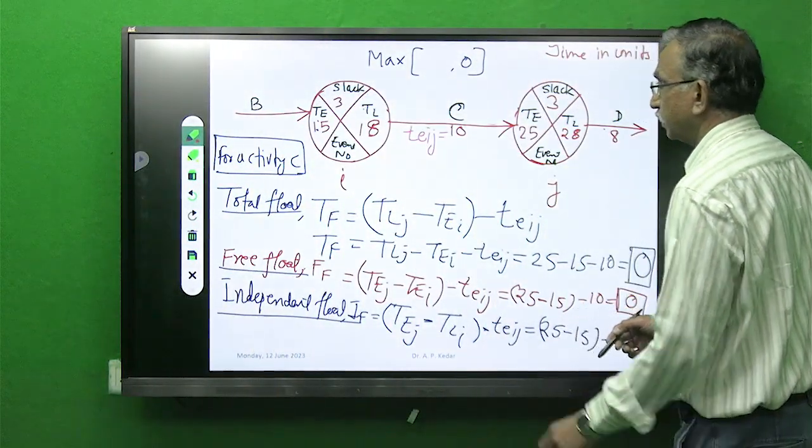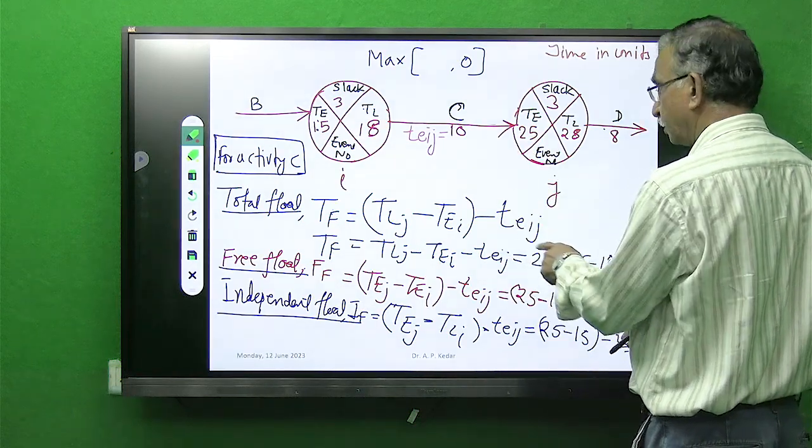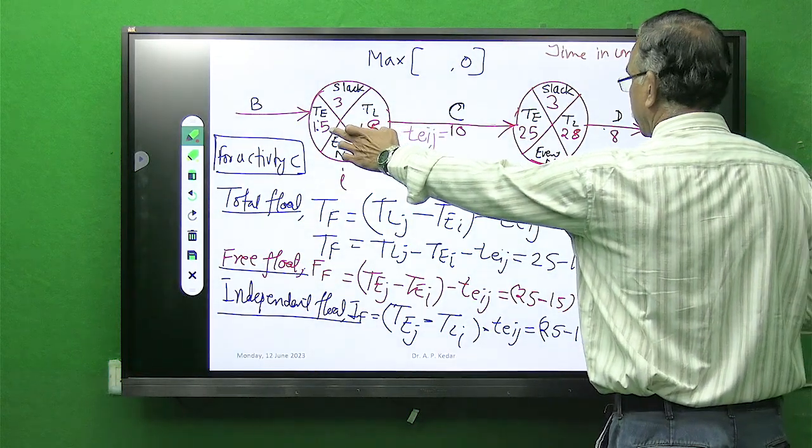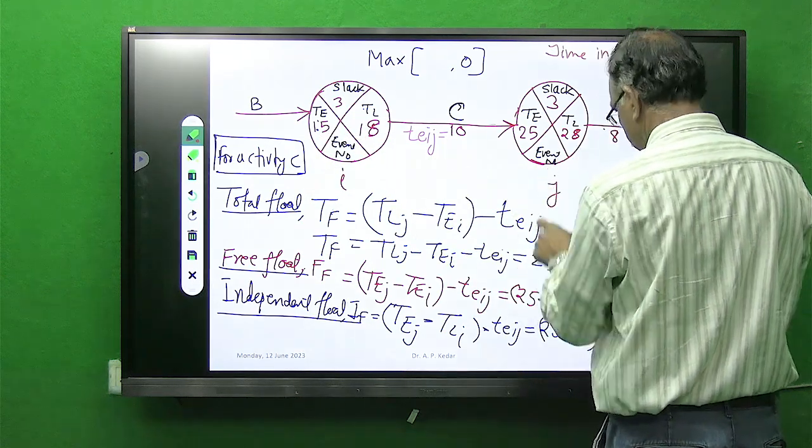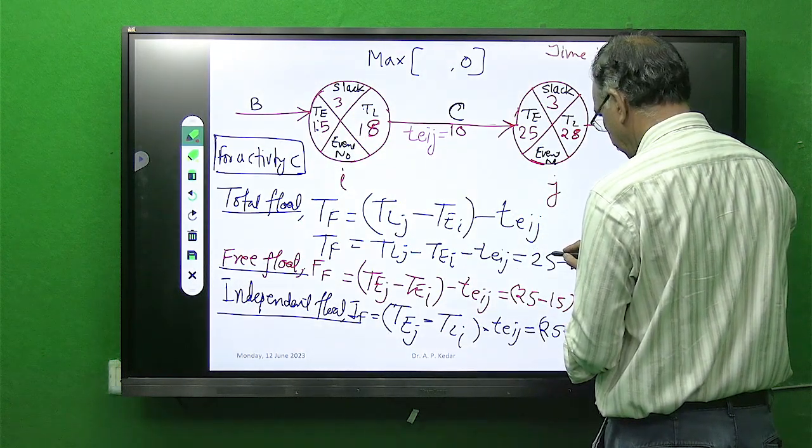So here for total float, it will be the difference of 15, and here it will be 28.